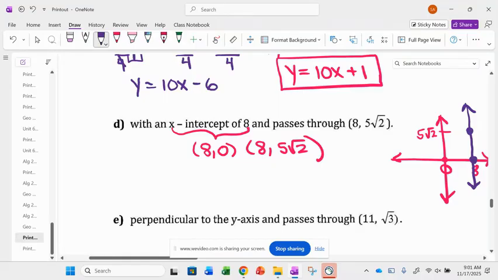If you turn the y upside down, it looks like an H for horizontal. So I want a vertical line. It's a special case, not y equals mx plus b. So it's going to be x equals the x coordinates. Well, what are all the x coordinates? 8. And that's it. That's our equation of the line: x equals 8.